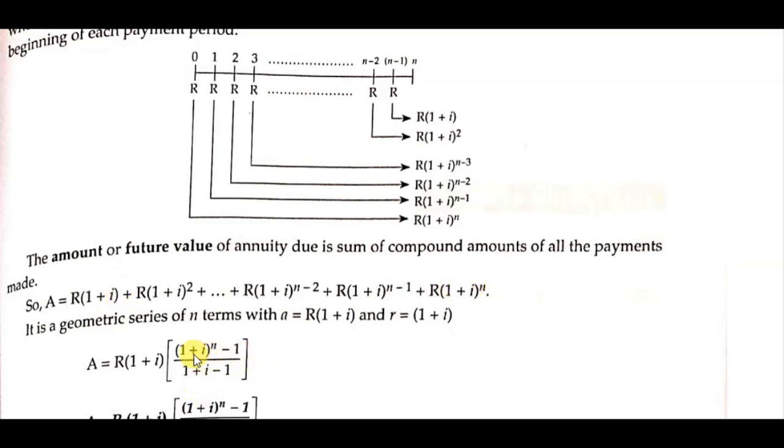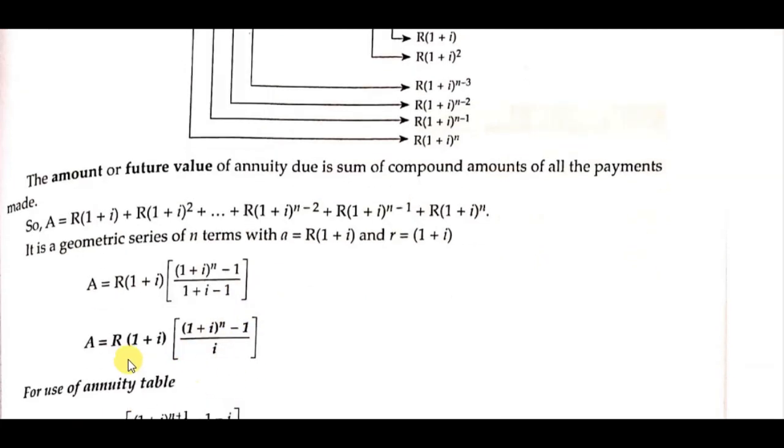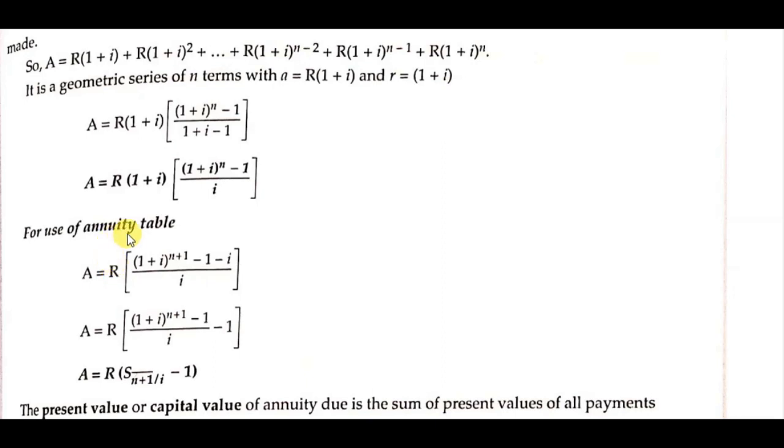So using this formula, you will get A equals R of (1 plus i) into ((1 plus i) power n minus 1) divided by i. For using the annuity table, we should use this minus 1. Just multiply this (1 plus i) into these values. So R will be the same. (1 plus i) into (1 plus i) power n, how much? (1 plus i) whole power n plus 1.